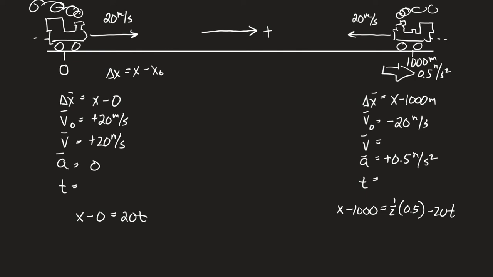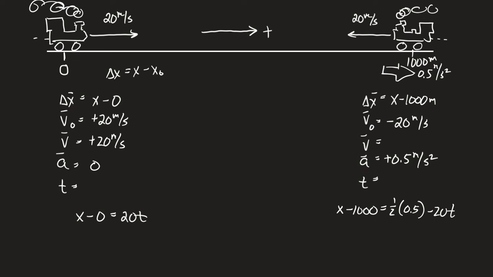Now, Desmos would give us the answer. Your calculator would give you the answer. I'll show you that second. I want to do the problem first. So here we go. I'm going to do the obvious substitution. The final position has to be somewhere between the two trains.